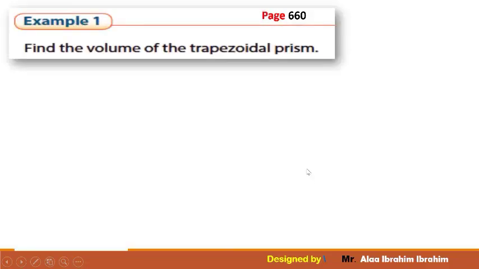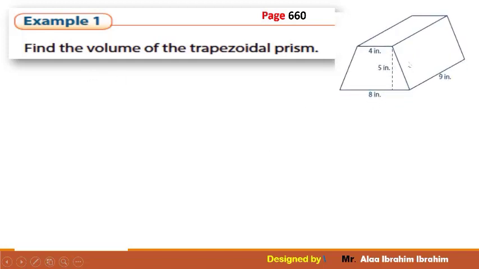Now we're going to page 660 in your book, example number 1. Find the volume of this prism. How do you know this is a prism? Your lateral faces here are parallelograms, or sometimes rectangles, but in this case they are rectangles. This one is a rectangle, and if you imagine the other side, it would be a rectangle too. But your two bases, this base and the opposite base, are trapezoids.